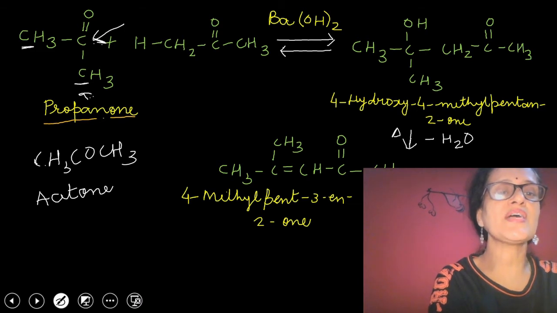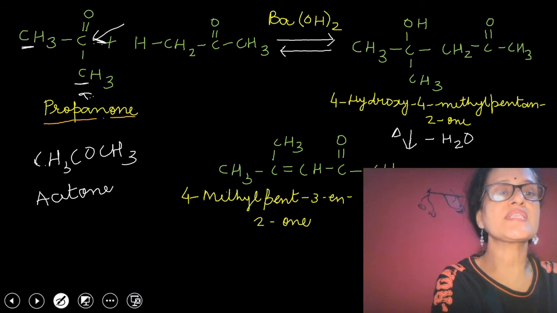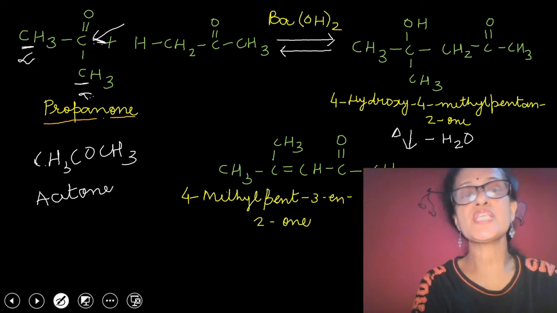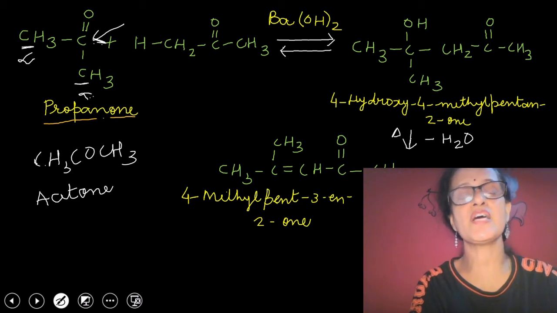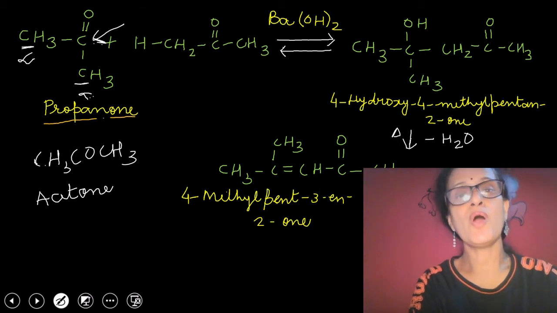One is this alpha carbon atom which I have written on the downside, and one is this alpha carbon atom which I have written on the left hand side, and on each alpha carbon atom a total of 3 hydrogen atoms are present. So acetone in total consists of 2 alpha carbon atoms and 6 alpha hydrogen atoms. It means acetone will definitely undergo Aldol condensation reaction on treatment with a dilute alkali like NaOH or Ba(OH)2, etc.